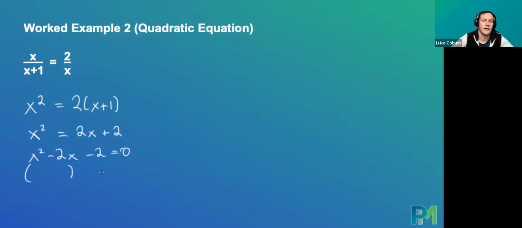We'll try and find two numbers that multiply to give us minus 2 and add to give us minus 2. We're not going to be successful. So this method is not going to work. So then we're going to have to say, well, if I want to solve this, I now need to use the quadratic formula: minus b plus or minus the square root of b squared minus 4ac all over 2a.